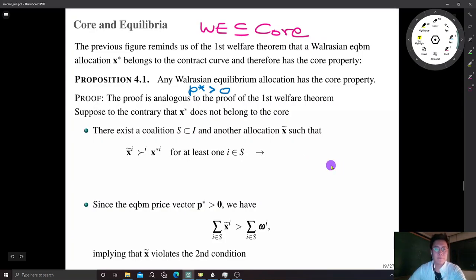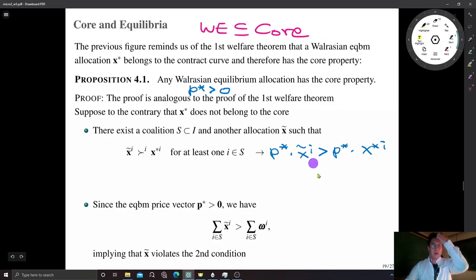So we can write P star dot X tilde i is strictly larger than P star dot X star i. Otherwise, consumer i would have chosen this X tilde instead of X star. That is a contradiction with equilibrium allocation, because the equilibrium allocation must maximize consumer i's utility.